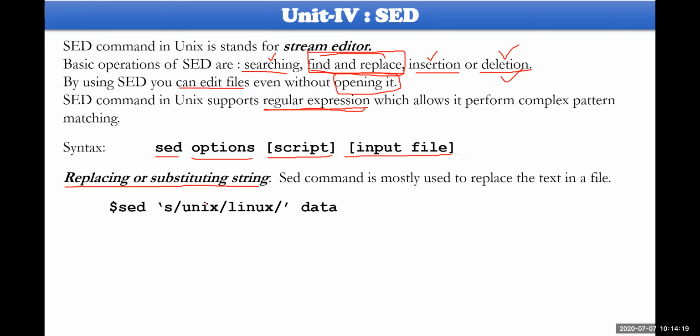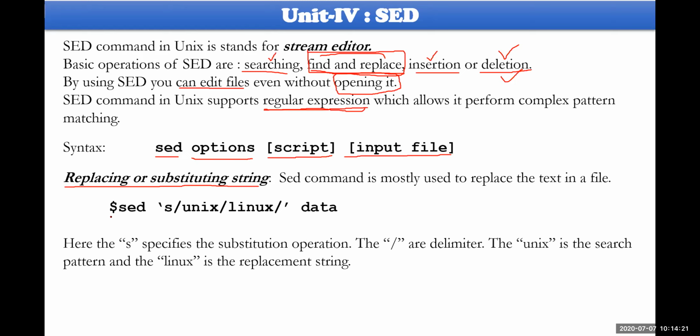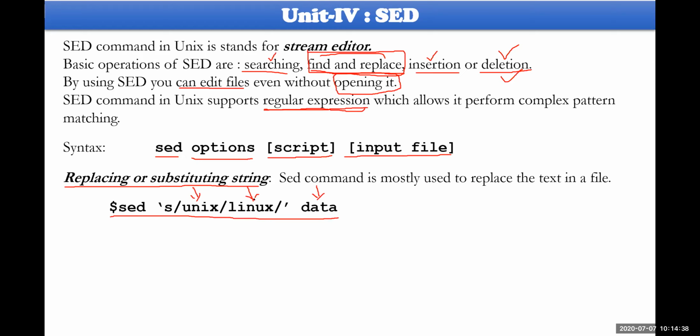So I have given one particular example here. That example will look like this. There is a file, the input file name is data, and within this data we have Unix as one particular word, and Linux as another particular word which is available with us.